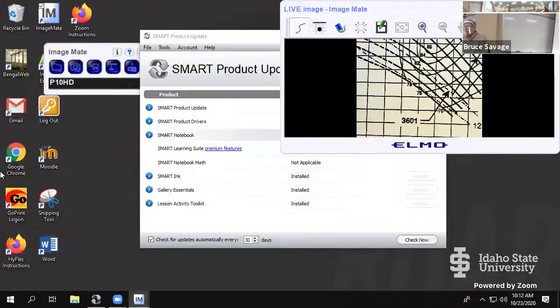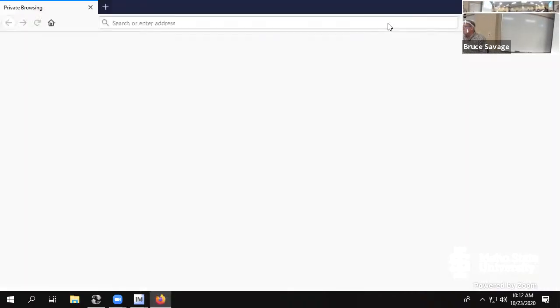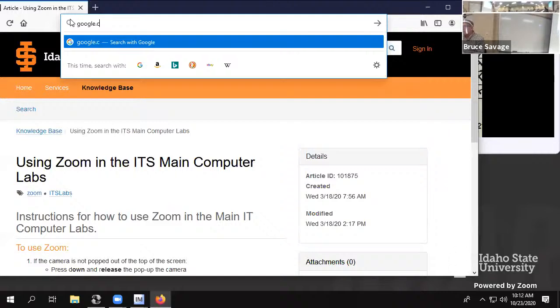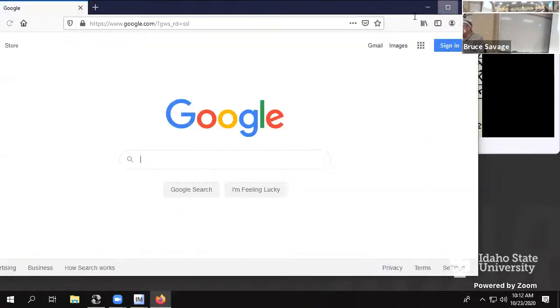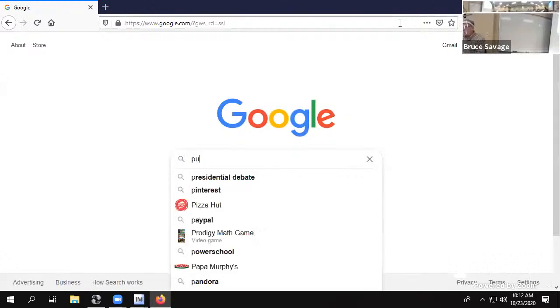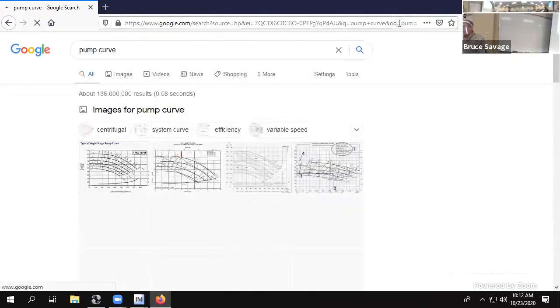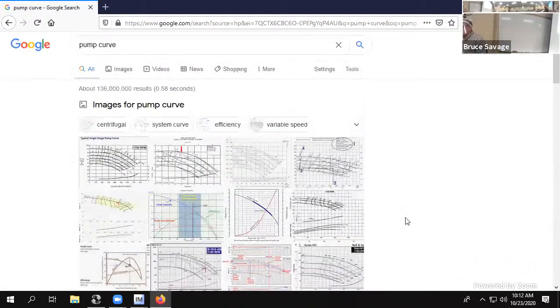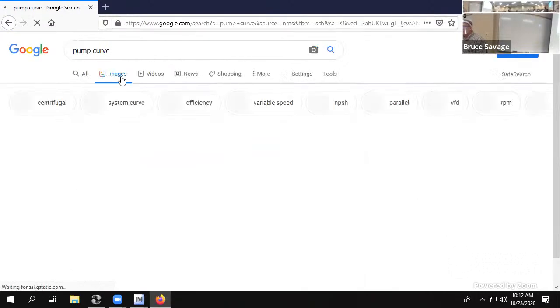If not, let me expand on the question of what these other lines are. So let me just go to Google here and see if we can find images.